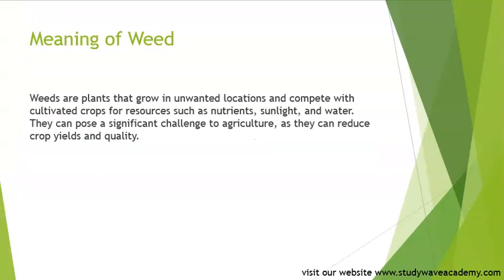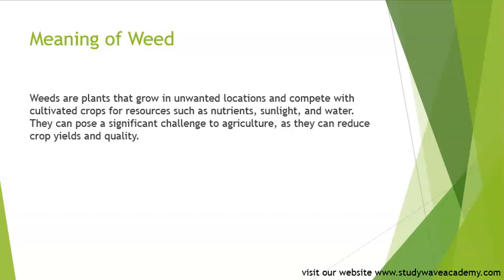Weeds are plants that grow in unwanted locations and compete with cultivated crops for resources such as nutrients, sunlight, and water. They can pose a significant challenge to agriculture as they can reduce crop yields and quality.